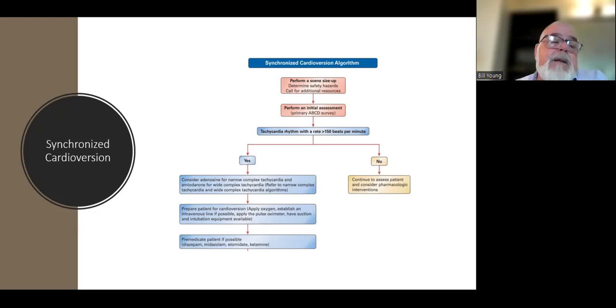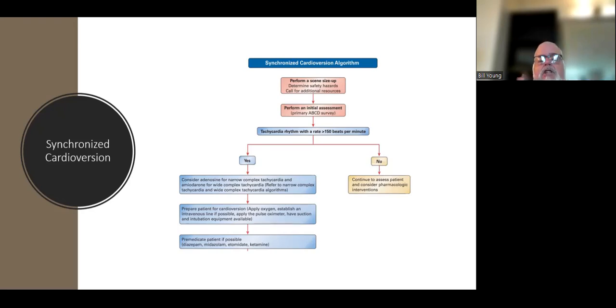You can also give midazolam, the trade name of which is Versed. You have the same actions as Valium, same dosing regimen, and the same adverse reactions because they're both benzos.